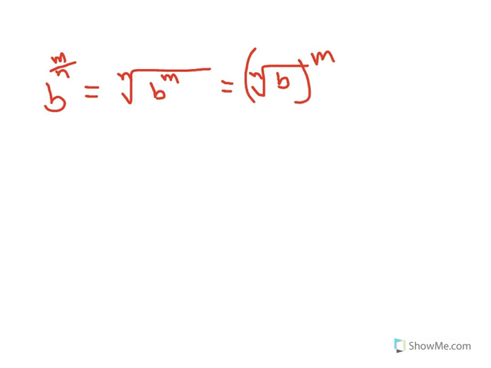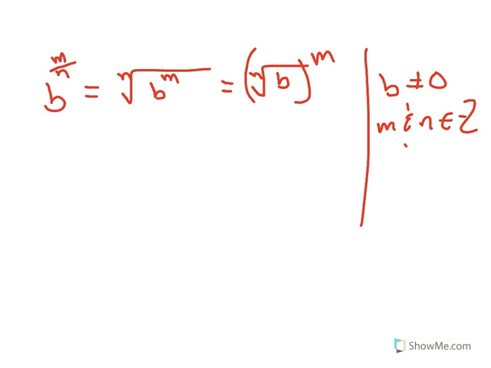This is true as long as b is not 0 and m and n are integers. Z stands for integers. And also n has to be positive. M and n are integers, n is positive, and b can't be 0.